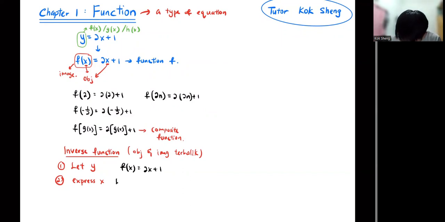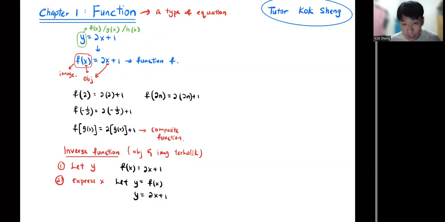So I let y equals f(x), and sub in 2x plus 1. Now I can see the first step is not too hard to understand. y equals 2x plus 1, just back to the equation only. Because f(x) is image, y is also the image, right? So I just replace back to the y only.